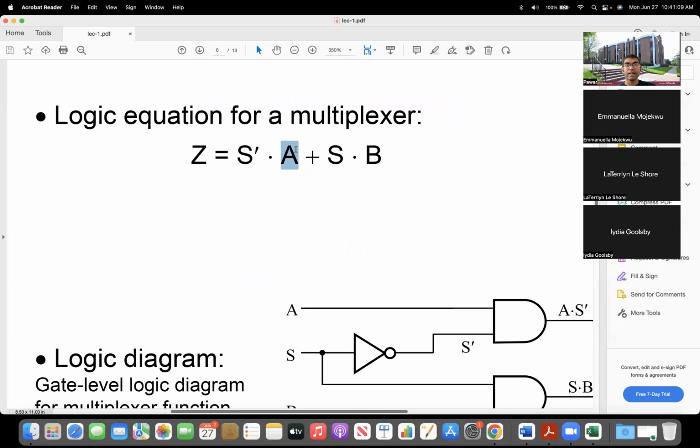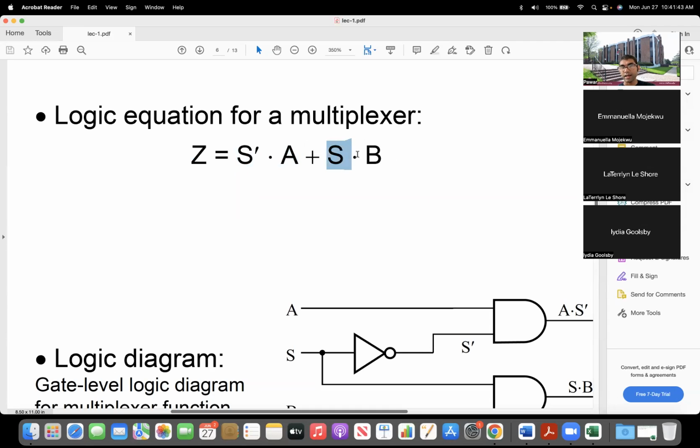And then you have a variable A, variable S, variable B. So here you are taking AND of variable A and NOT of S, because you see a dot symbol. Dot is multiplication, and multiplication is AND. Multiply is an AND gate.